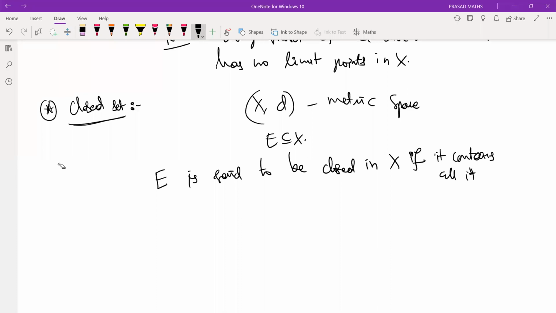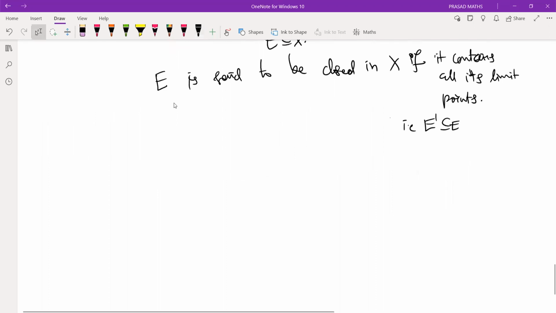That is, E prime is a subset of E. Right? It contains all its limit points. Whenever P is a limit point of E, that P must be inside E. That is what actually a closed set is.